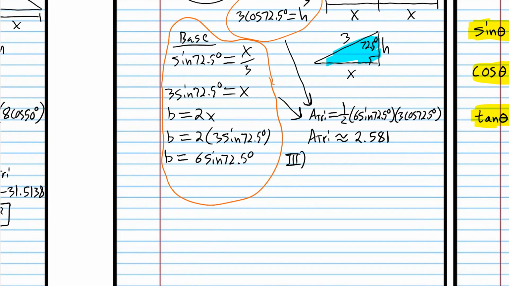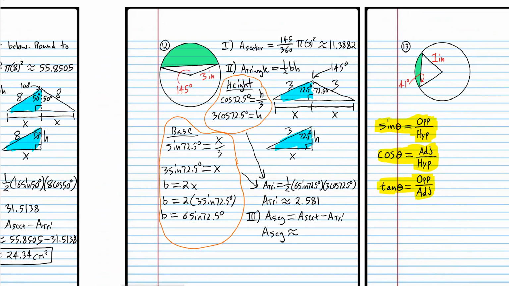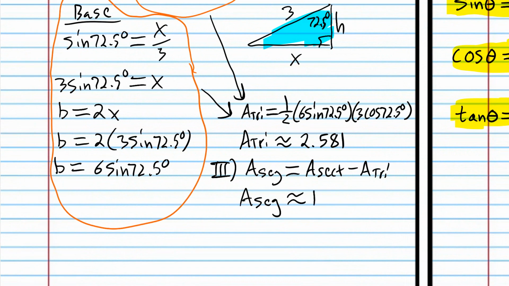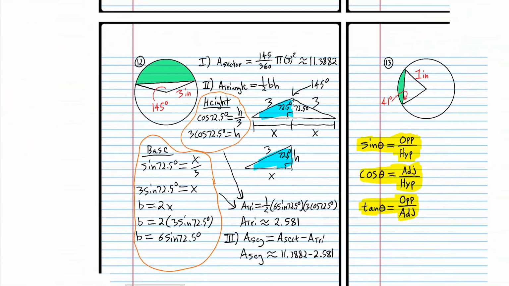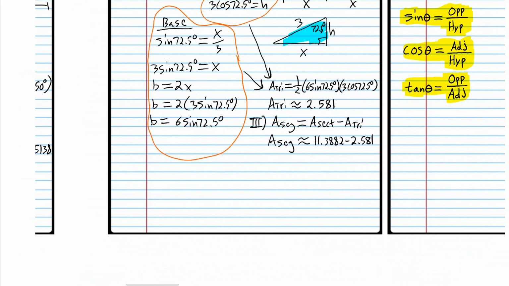So step 3, area of the segment is equal to the area of the sector minus the area of the triangle. So area of the segment is approximately equal to 11.3882 minus 2.581. Again, we're getting the area of the sector up there.